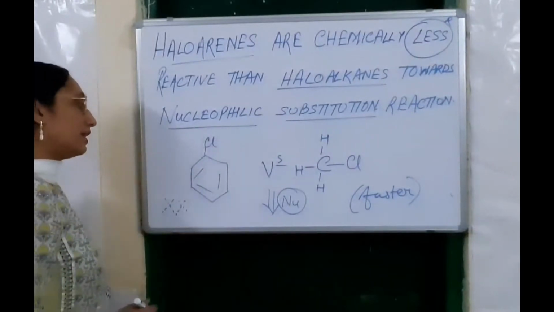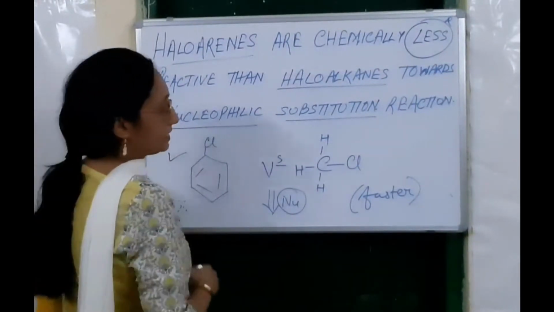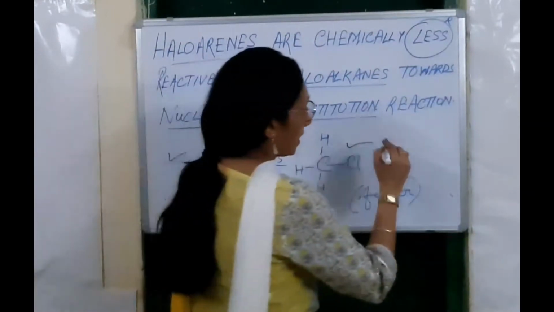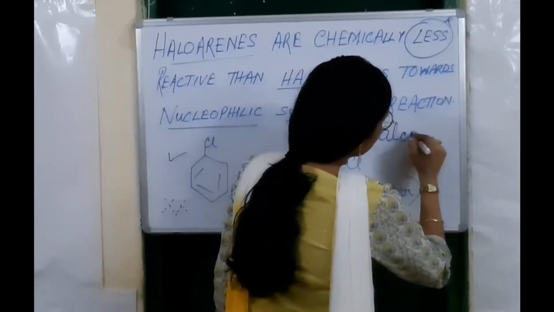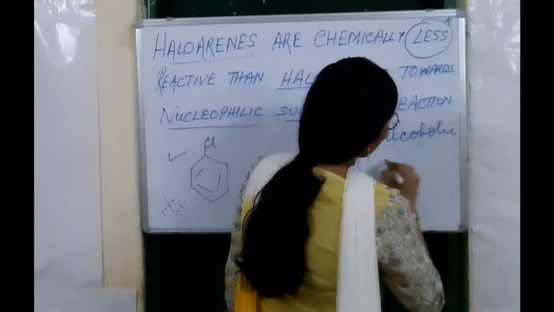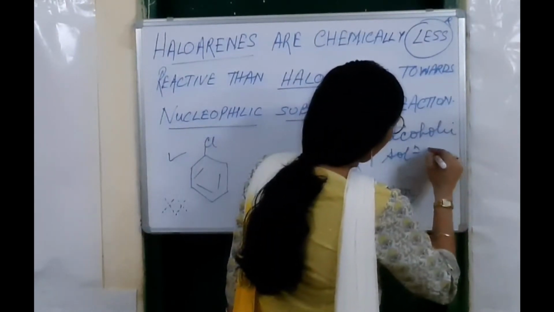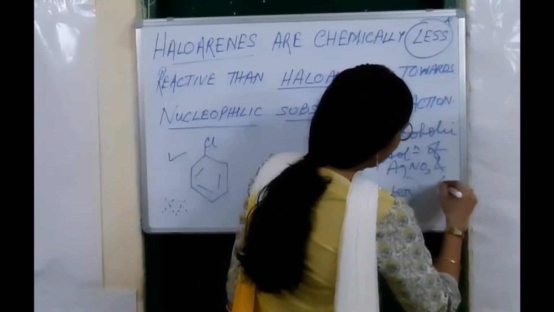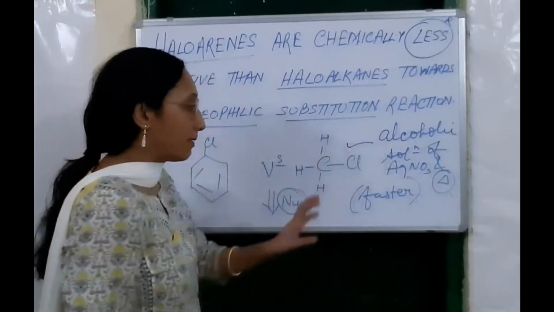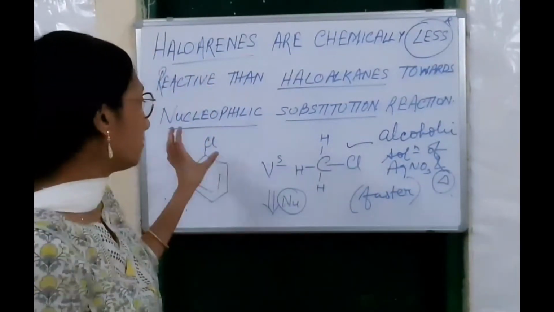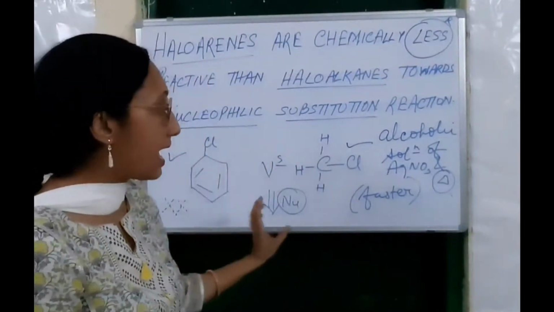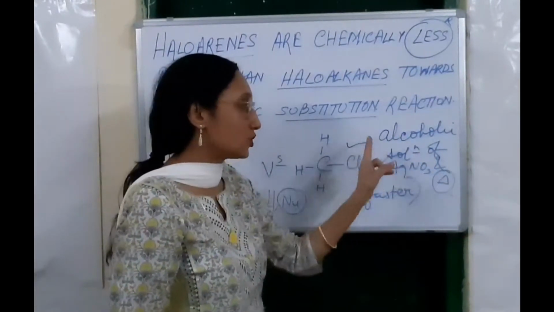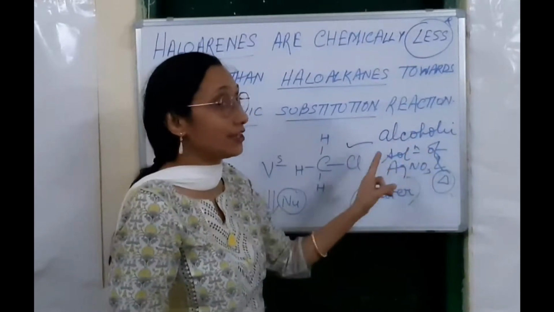For example, if I take chlorobenzene and methyl chloride and treat both of these with alcoholic solution of silver nitrate, and then I am heating it. So what I am doing? I am heating both this chlorobenzene and methyl chloride with alcoholic solution of silver nitrate.